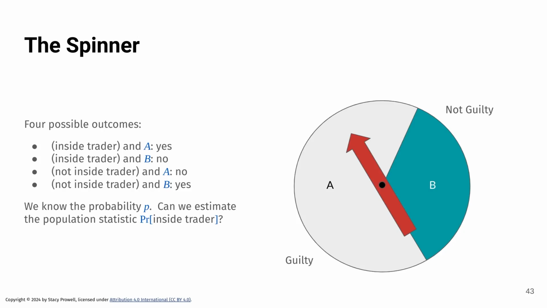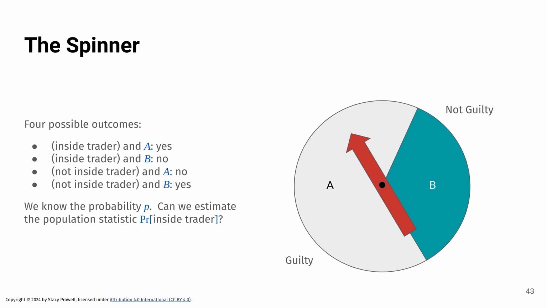I know the probability P, so I can say that the proportion of the time that it lands in A is this value P, and I know people saying yes or no, and so I know some portion of those yeses and nos are in that range.